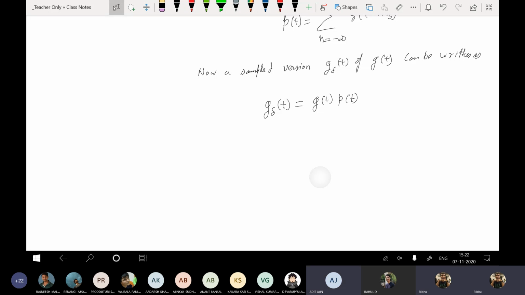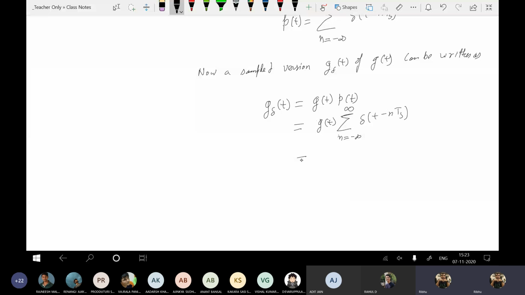Yes, sir. Equals g(t) summation n goes from minus infinity to infinity delta(t minus nTs).